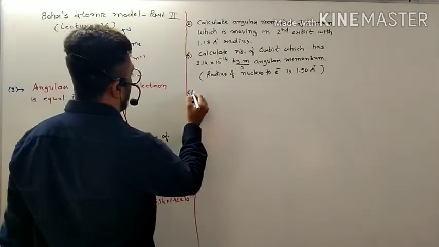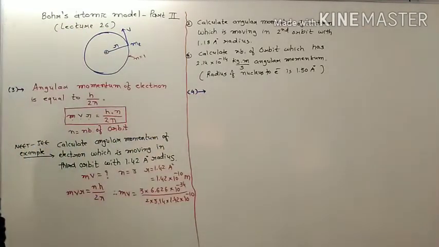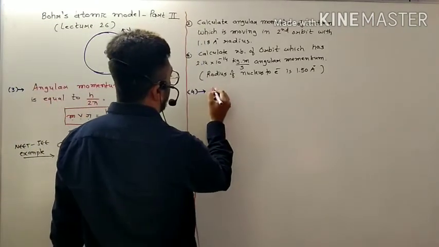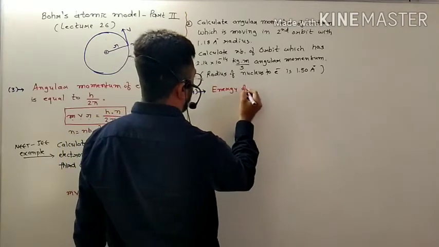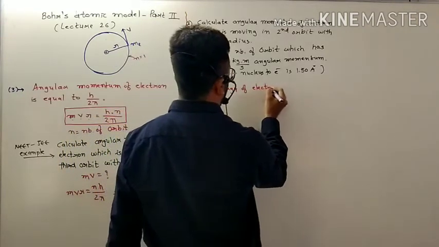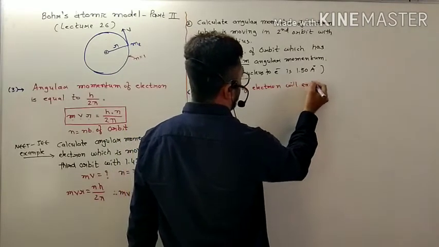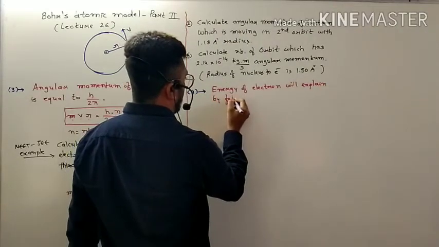Okay, now postulate number 4 of Bohr. So postulate number 4 is here. So energy of electron will be explained by the following formula.